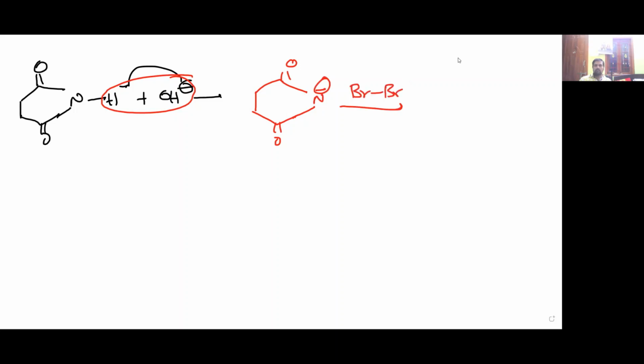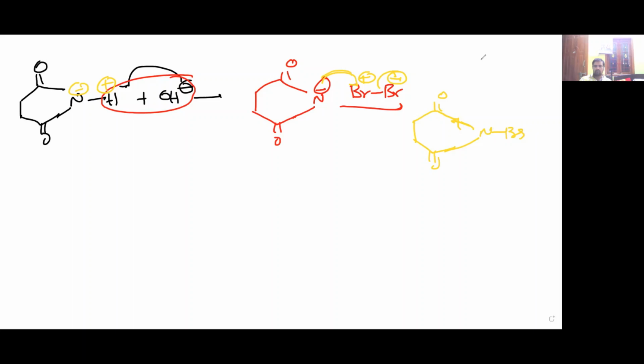Br minus is leaving. Then you are going to get NBr. This is the first acid base reaction, and the next NBr2, this is Br plus and this is Br minus. So the negative charge attacks, and N bromo, it's like an amide, N substituted amide.